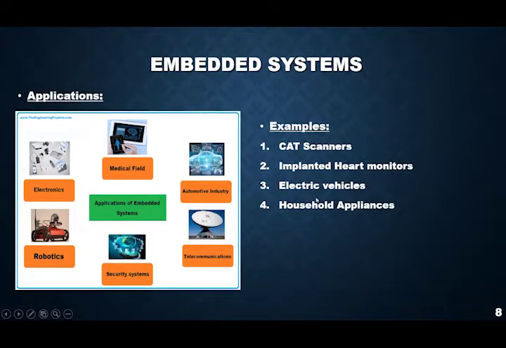These are the applications and examples of embedded systems. As you can see, robotics uses them. We can see a small robot doing so many different things, because all the systems are embedded into a single chip.